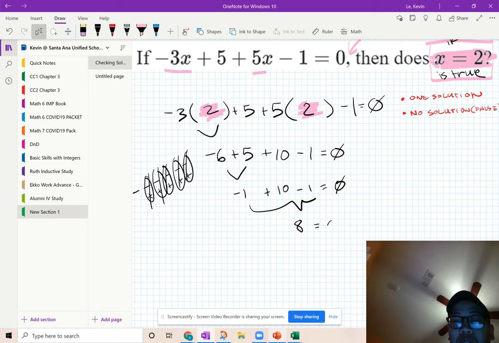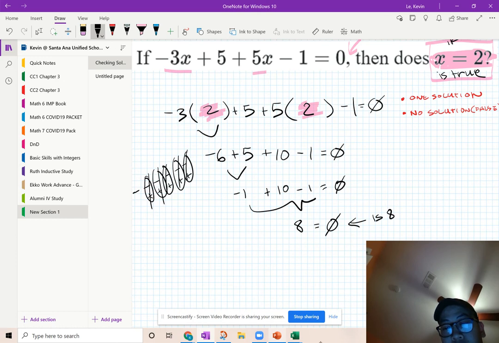Now you have to ask the question: is 8 equal to 0? And that is a no. Therefore, x equals 2 is not a solution.